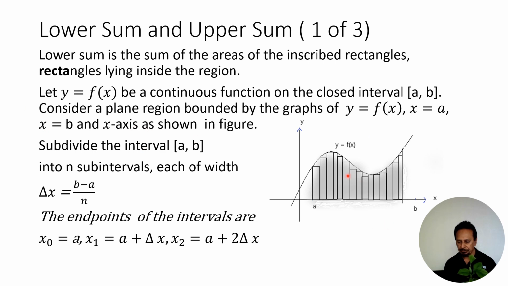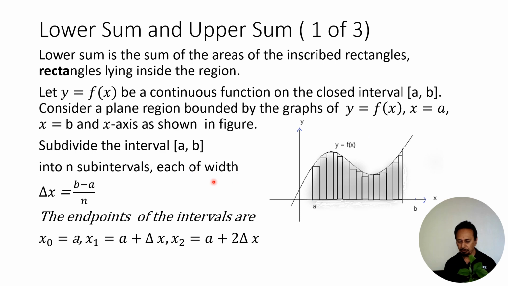So this is a plane region, and this region is bounded by this curve f of x, this vertical line at a, another vertical line at b, and the x-axis, and we're going to find basically the area.